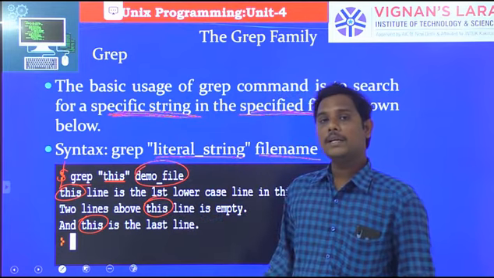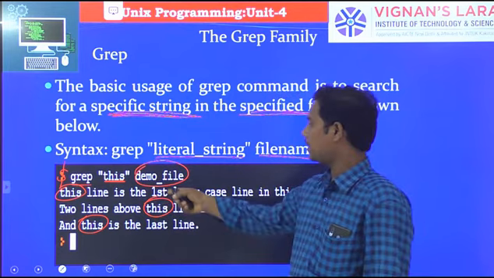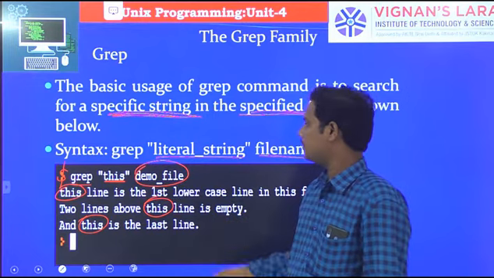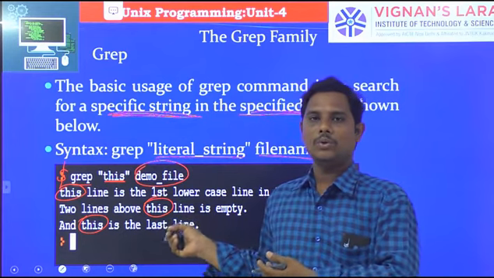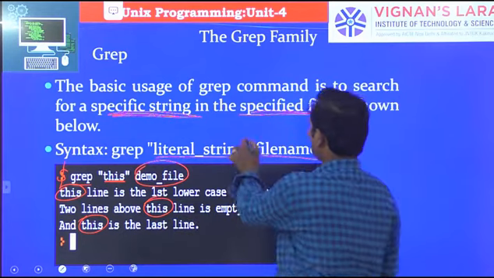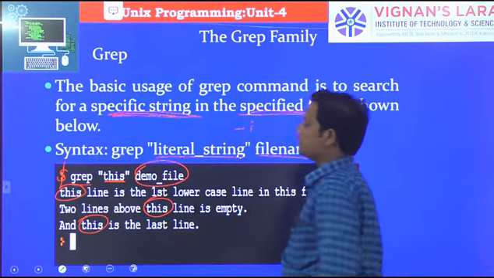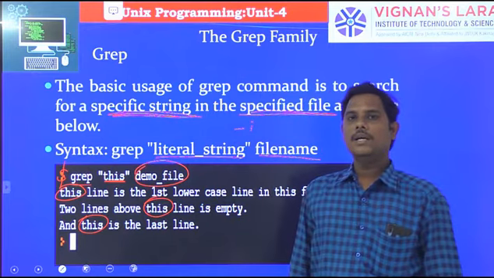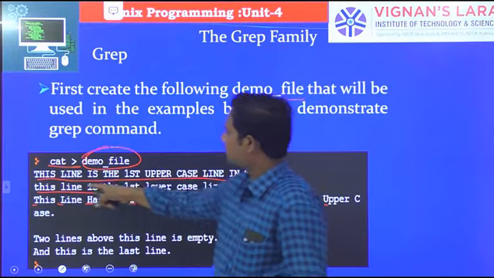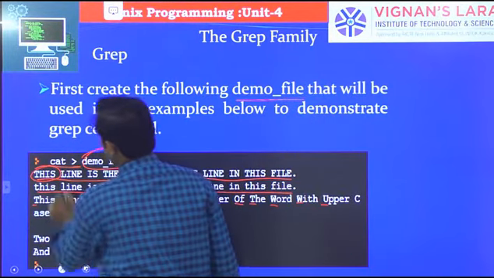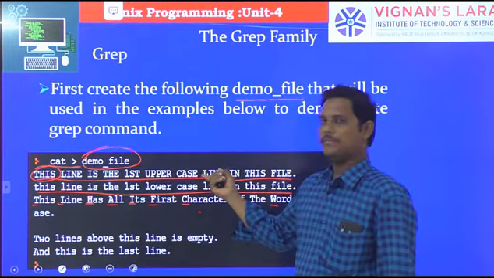What about uppercase letters? Uppercase letters are not displayed, because grep is a case sensitive command, so you must use the option small i, ignore case. Option i means ignore case. Okay, so you can see the input file. Actually this also has the pattern, but this line is not displayed.